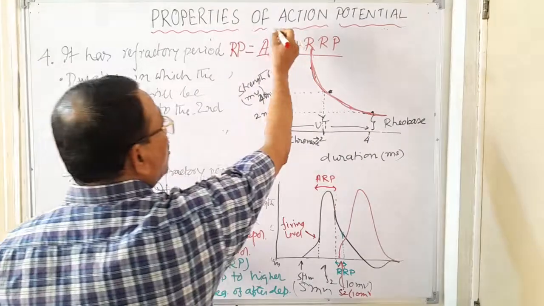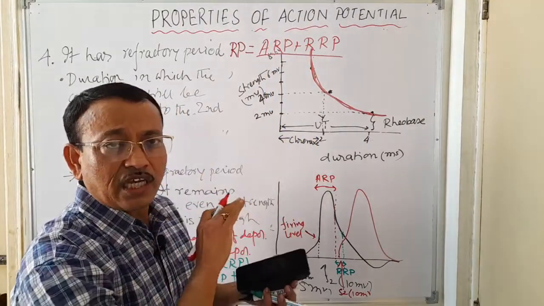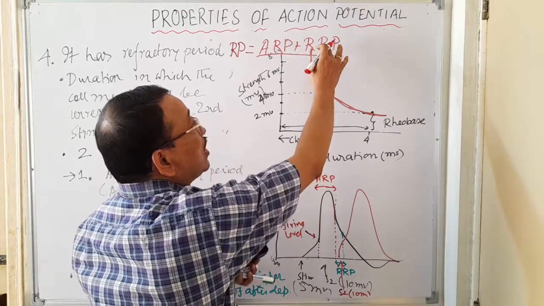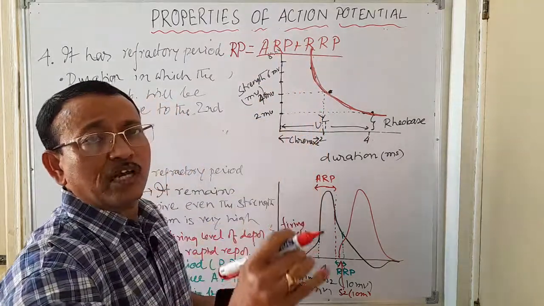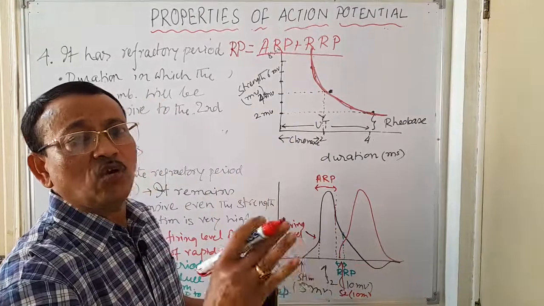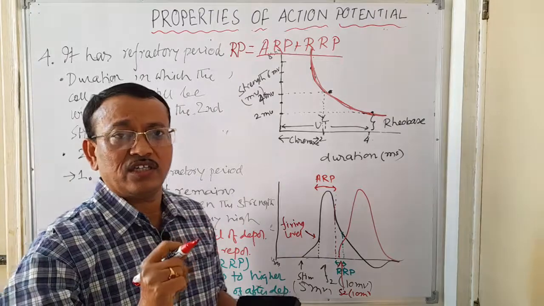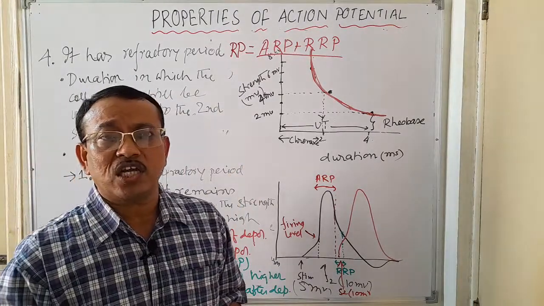It is a combination of both. In the absolute refractory period, even if the strength of the second stimulus is increased, the cell membrane will be unresponsive. But in the second phase, if we apply the second stimulus with higher strength, the cell will become responsive, because an action potential will be generated. So this is all about the properties of the action potential.